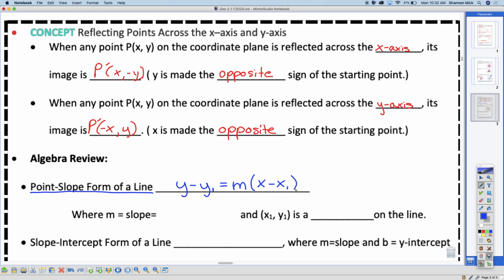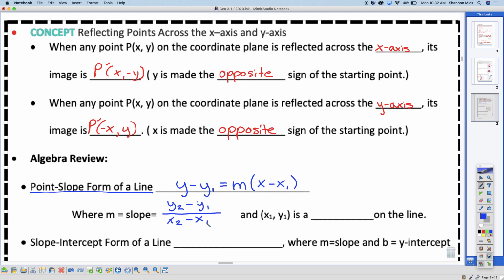Now, what is m? Slope. M is slope. And how do I find slope? y2 minus y1 over x2 minus x1.